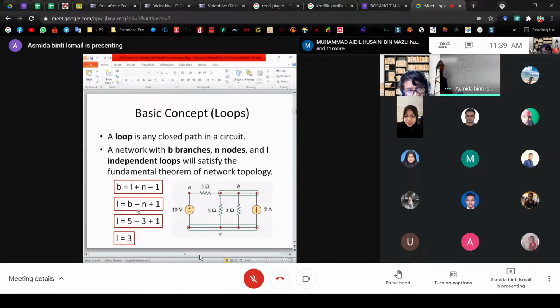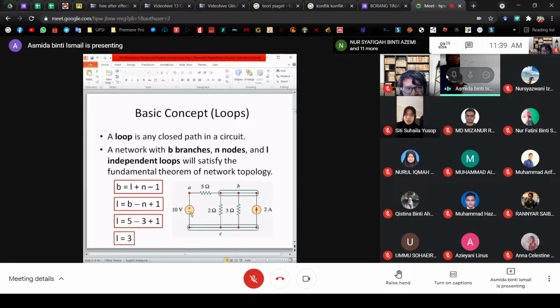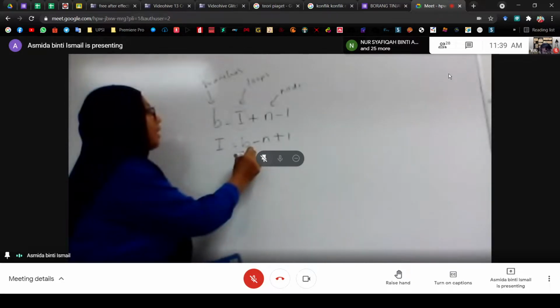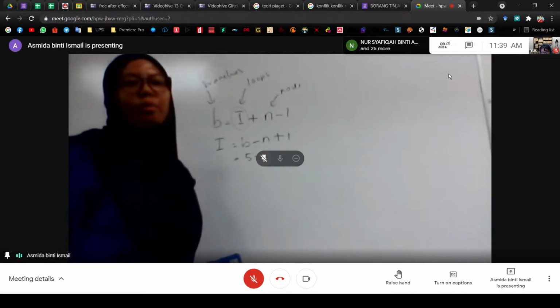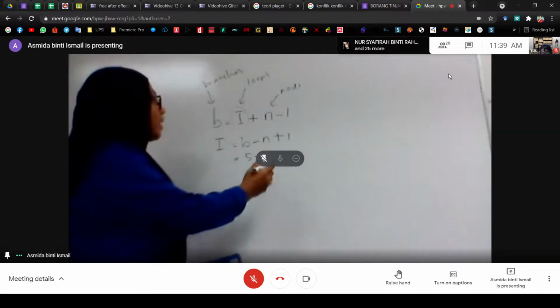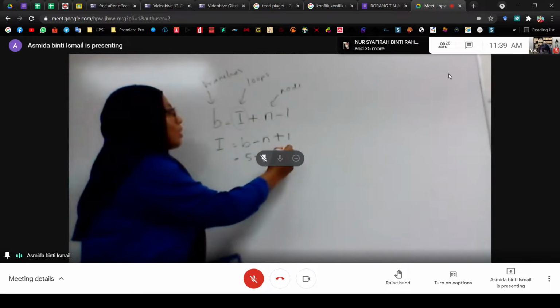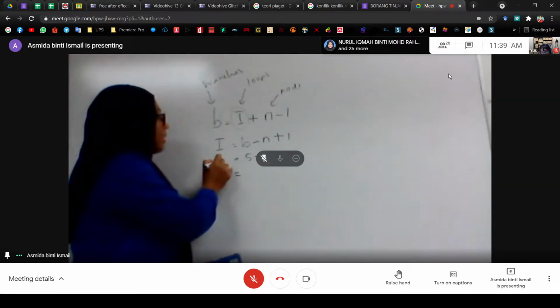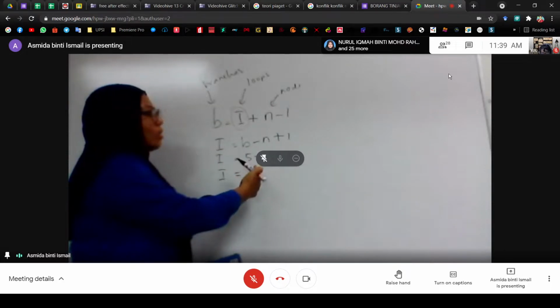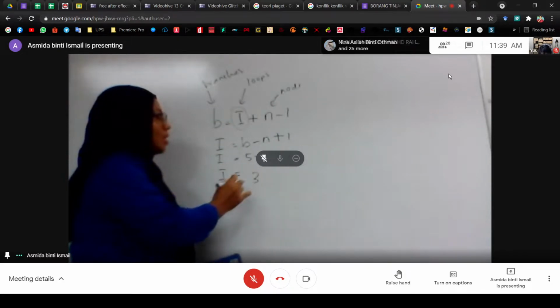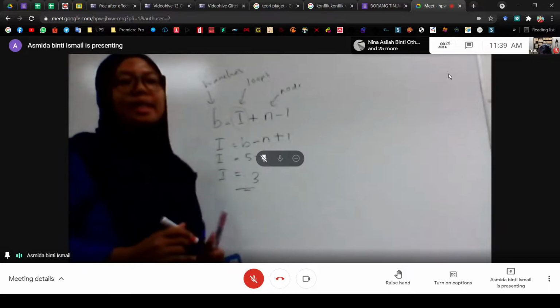So from this circuit, you have how many branch? 1, 2, 3, 4, 5 branch. You have how many nodes? You have 3 nodes plus 1. So I is equal to 3. So bilangan loop yang you ada adalah 3.